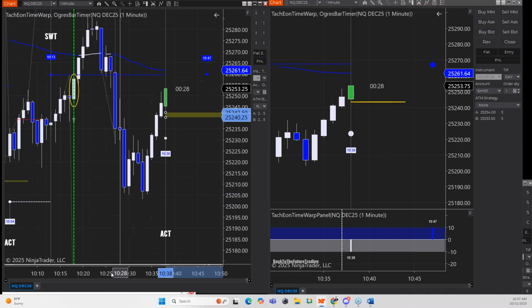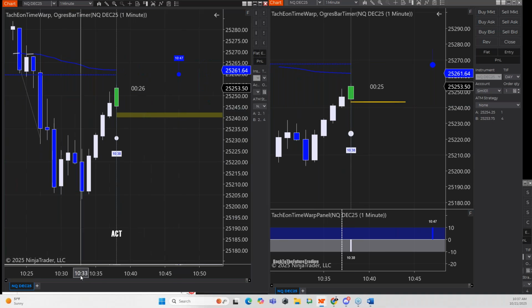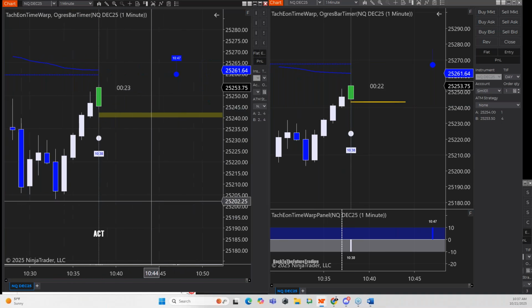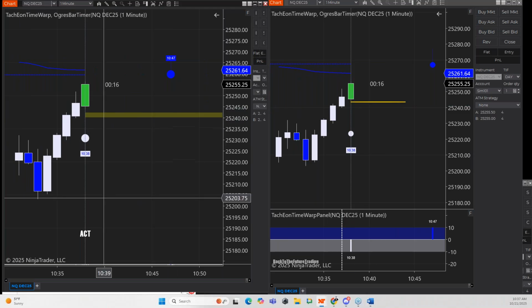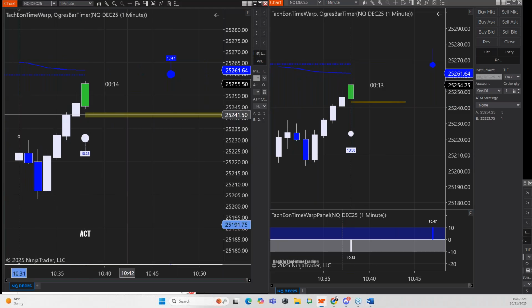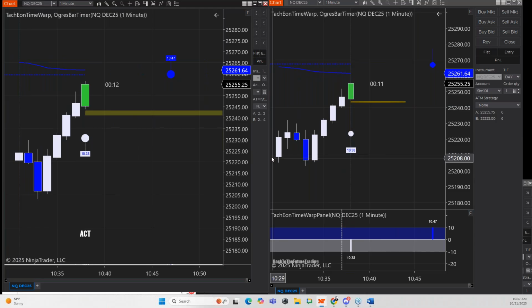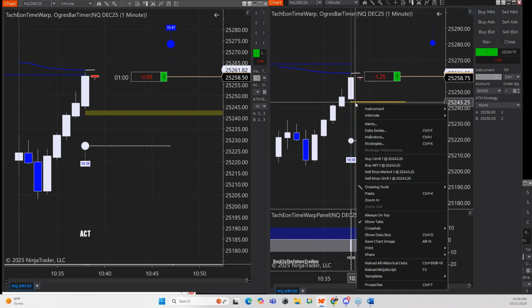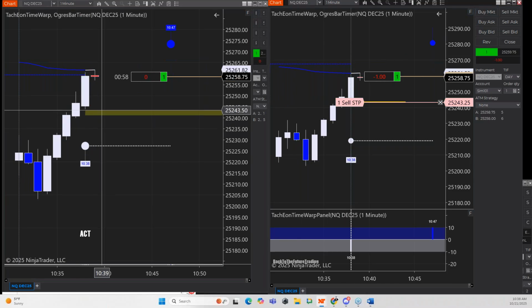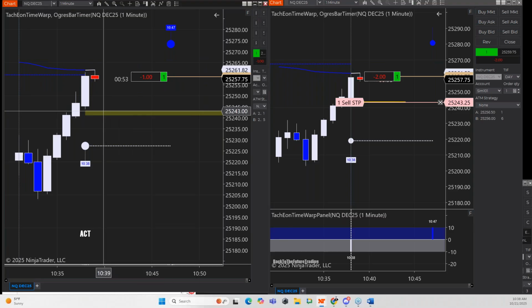So in these instances, the aggressive counter trend trade and the CDOS trade are both the same risk. So we'll see what that turns into in 10 seconds. So in this instance, our risk is right underneath this candle.